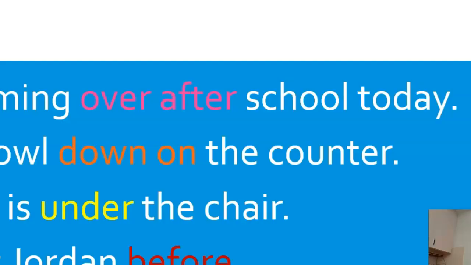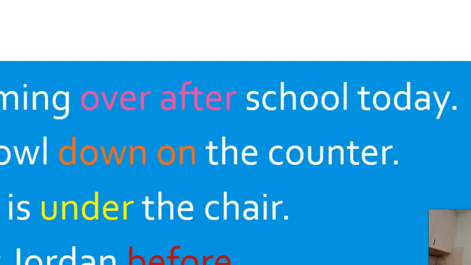Now we're going to take a moment and talk about identifying these colored words as either prepositions or as adverbs. Remember, adverbs describe verbs and can tell us when the verb is occurring or how it's occurring.